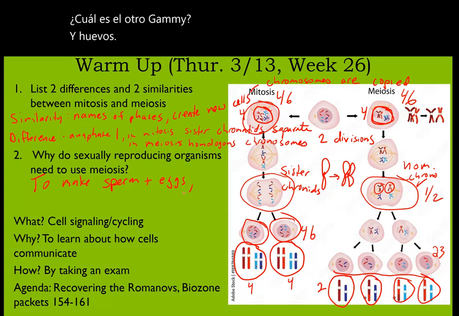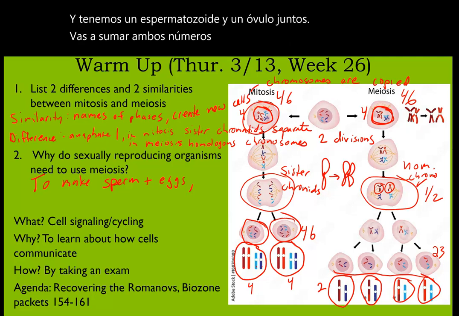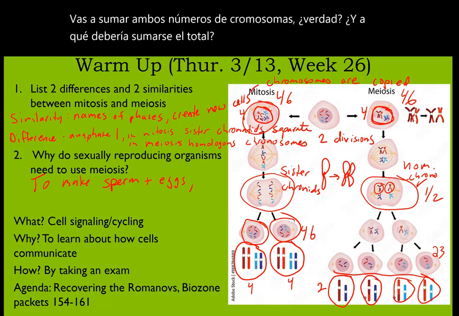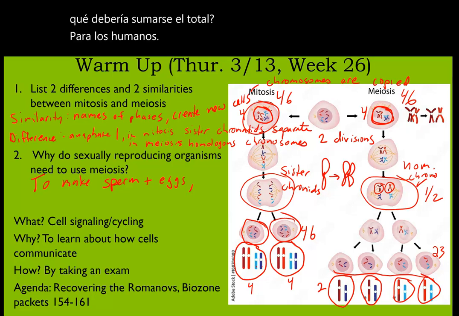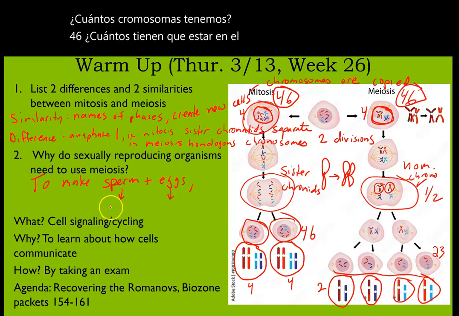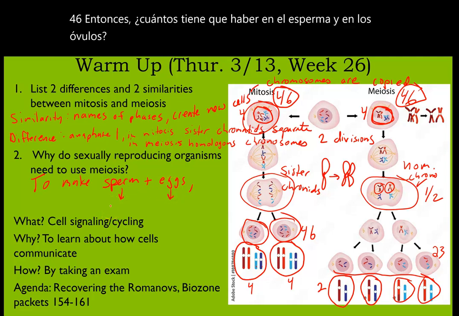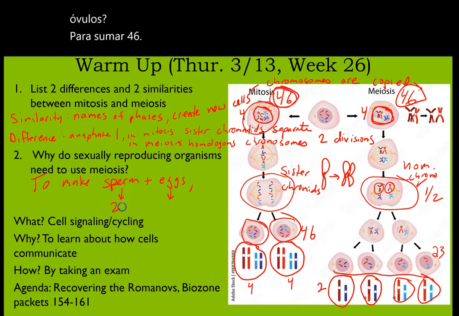And if we have a sperm and egg come together, you're going to add up both of those numbers of chromosomes, right? And what should the total add up to for humans? How many chromosomes do we have? 46. So how many have to be in the sperm and the eggs? In order to add up to 46, you need to have 23 chromosomes.